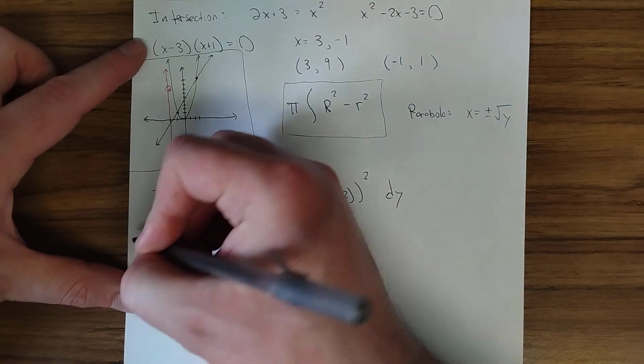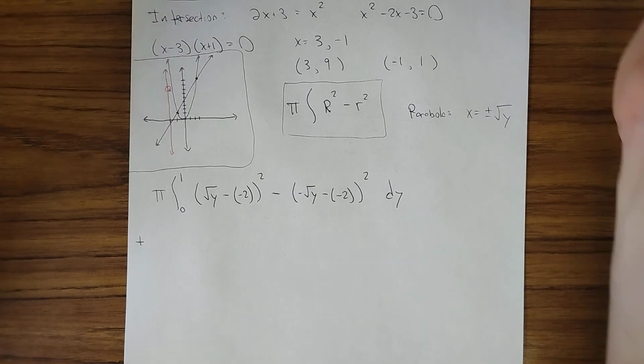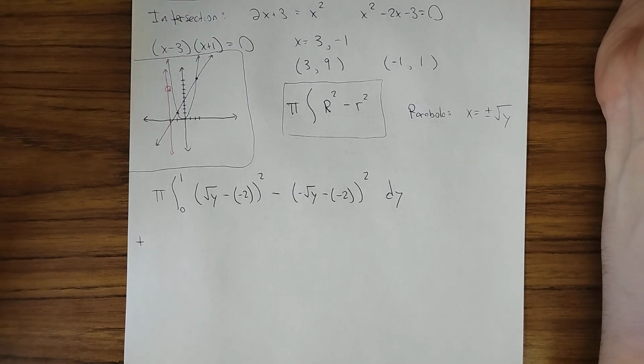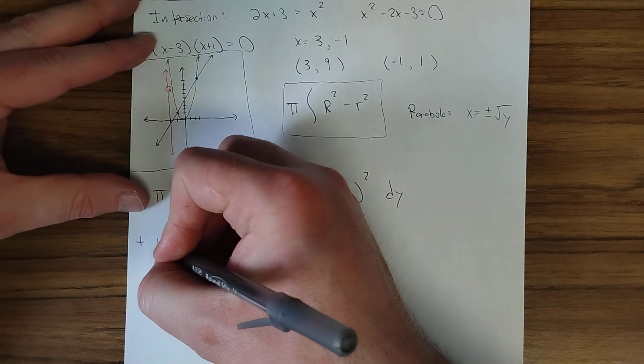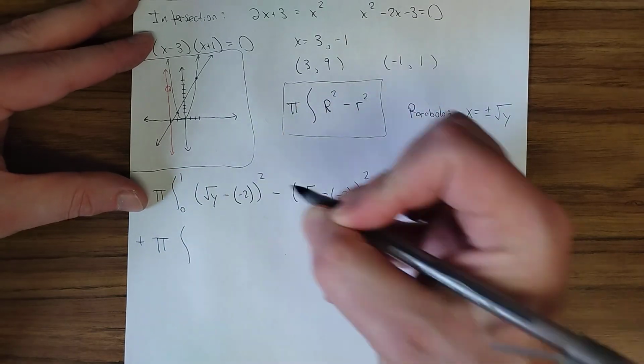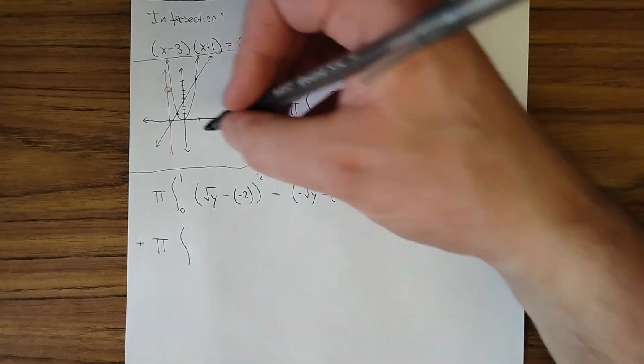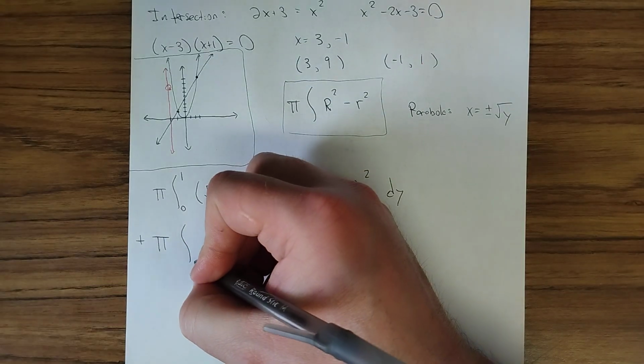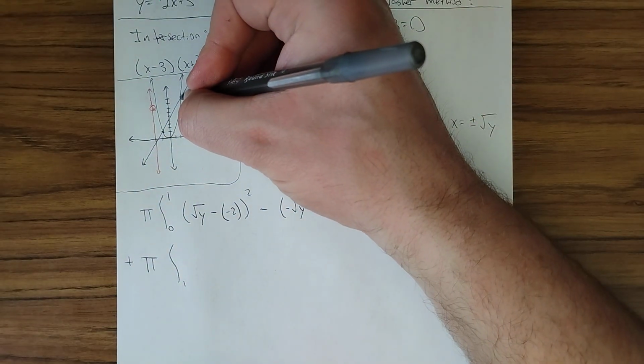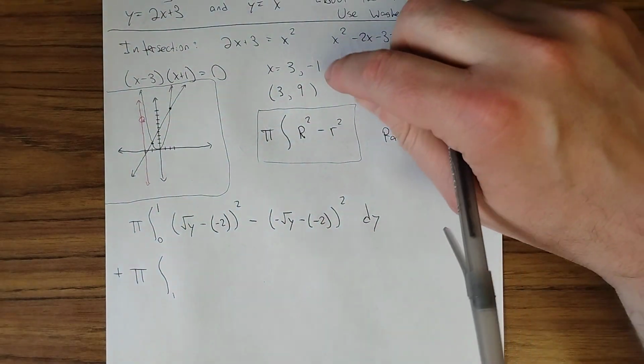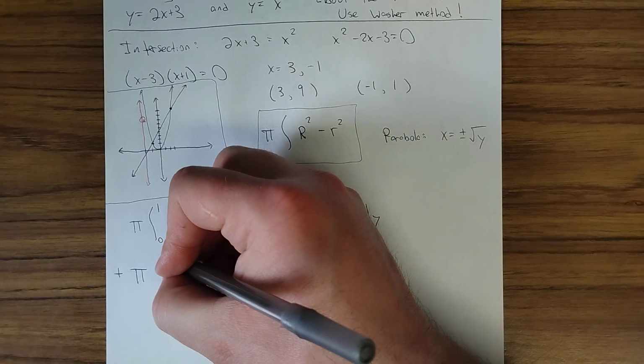So let's do that. So plus, so now I have another little washer method. y is now going to start at 1 and go up to the y coordinate of this point, which we figured out somewhere. That's 9.